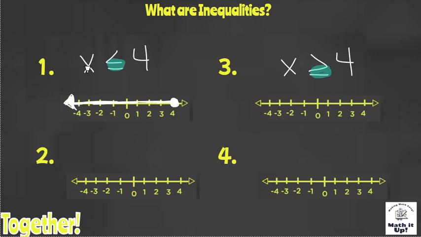So x is everything that is less than or equal to 4. That's equal to 4. That's everything that's less than 4. Same thing here. 4 is part of the answer because x is equal to 4. So we fill that 4 in. We go this way, and we make sure to fill in that arrow completely, indicating that that is part of our answer.